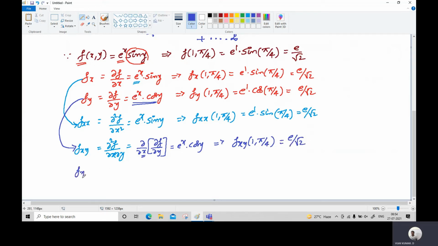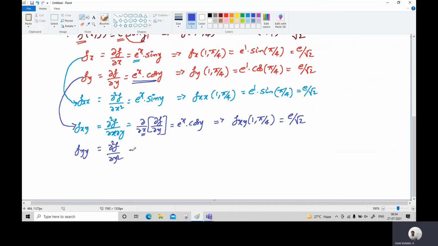And finally we have to find f_yy. It means the second order partial derivative of f with respect to y. Already we have the first order partial differentiation with respect to y here. For this function you have to take partial differentiation with respect to y again. Already cos y is there.